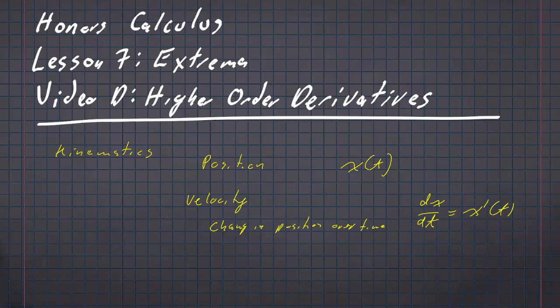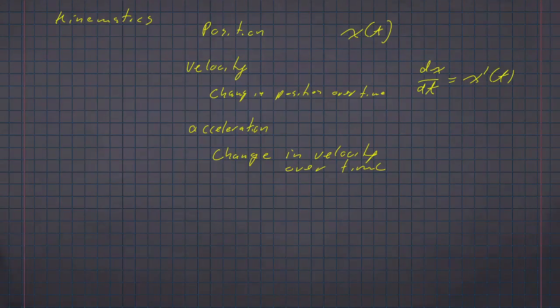Then, following that in kinematics, you generally look at acceleration, which is the change in velocity over time. And so we're looking at the derivative of velocity, velocity itself being dx dt.